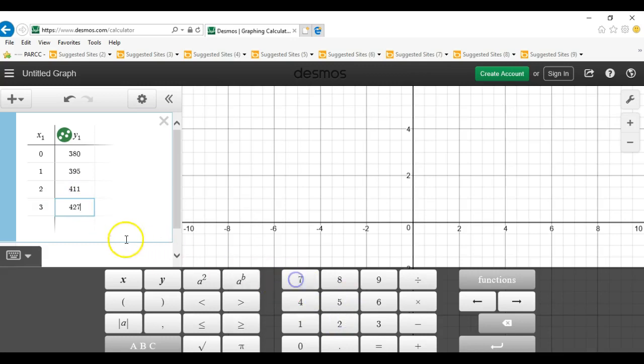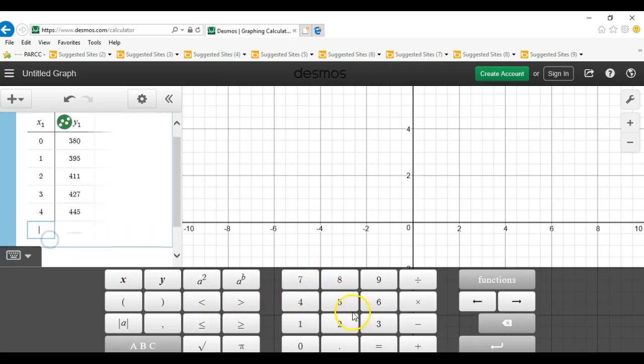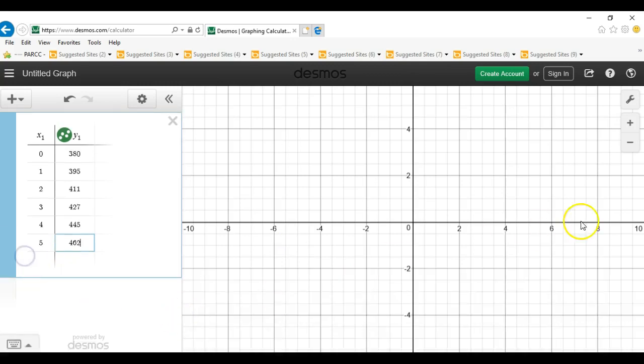It would go a lot faster with your keyboard. 4, 445, and then 5, 462.